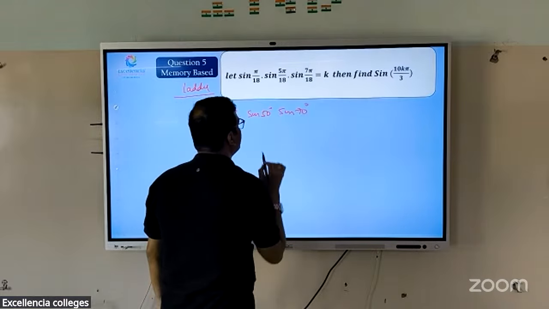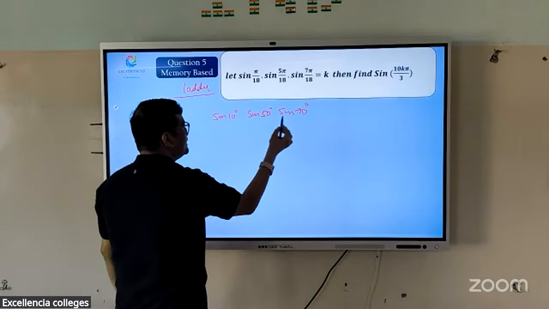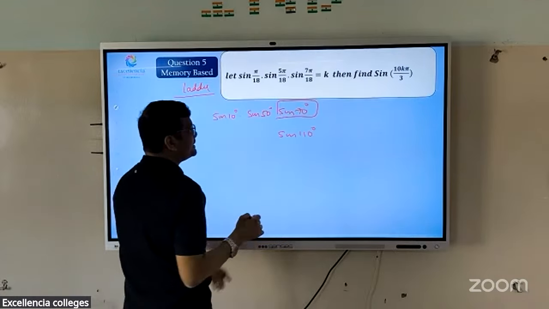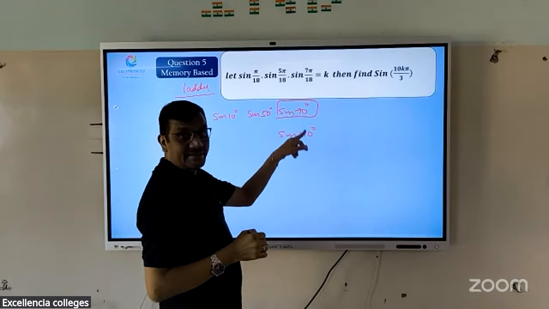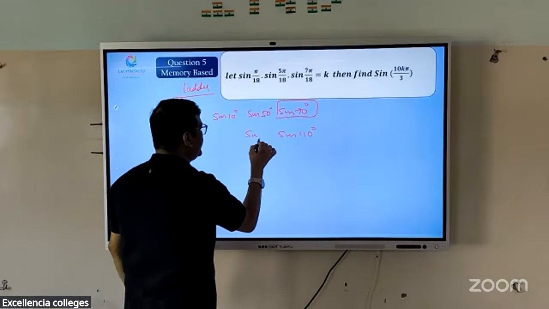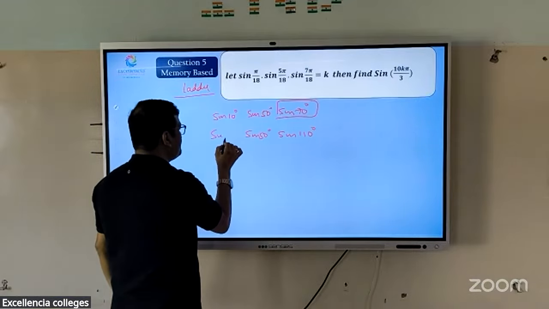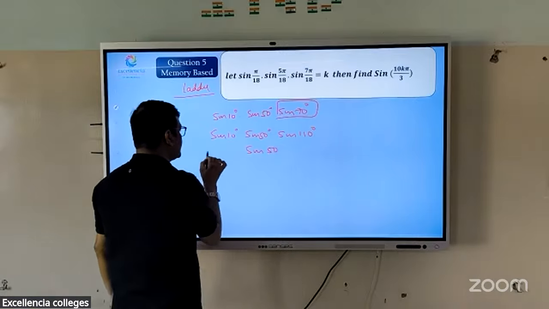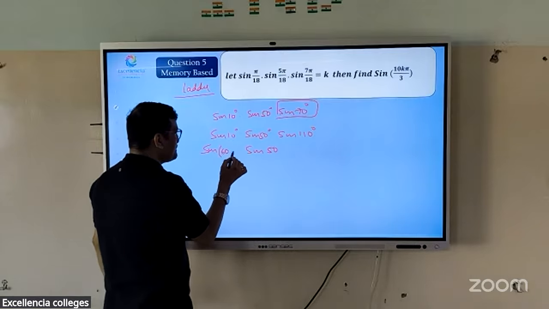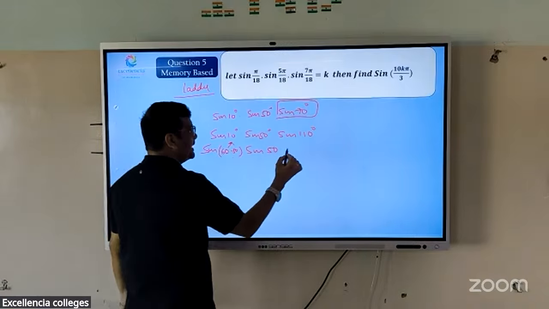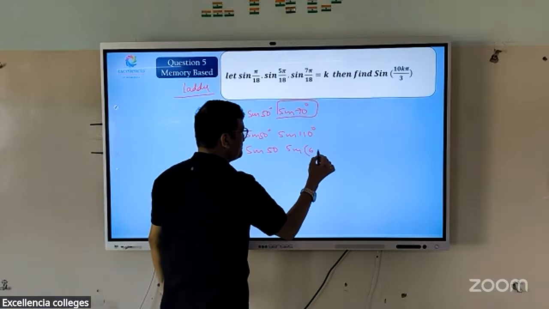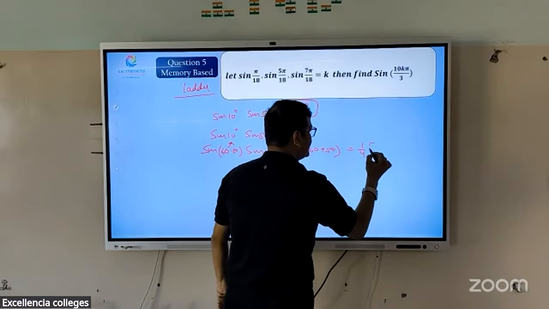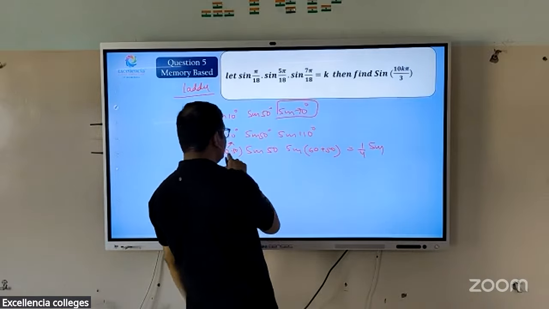Right? So this sine 70 can be taken as sine 110. Sine 70 can be 110 multiplied by theta. Sine 50 and sine 10. This will be sine theta, sine (60 minus theta), sine (60 plus theta). Now this is 1 by 4 sine 3 theta. So 150.